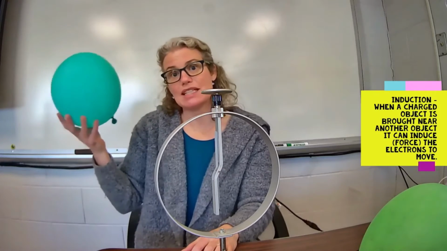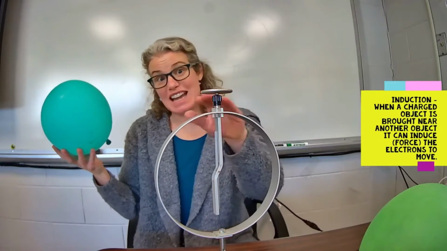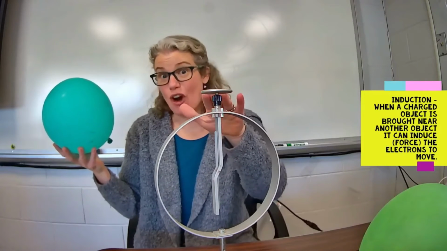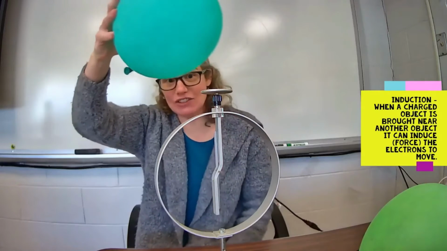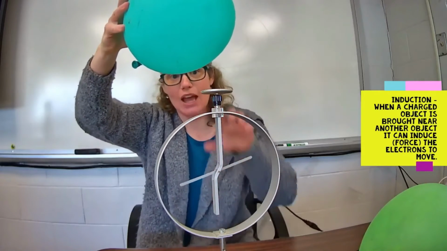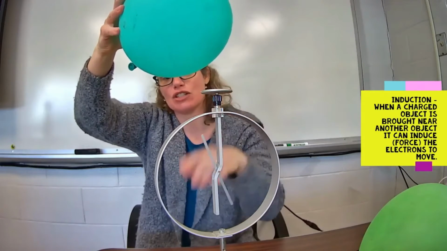So when I bring this negative balloon close, it's going to cause the negative particles already in this electroscope to run away from another negative charge. Watch, they're running away from where there's a buildup of negative charges here.